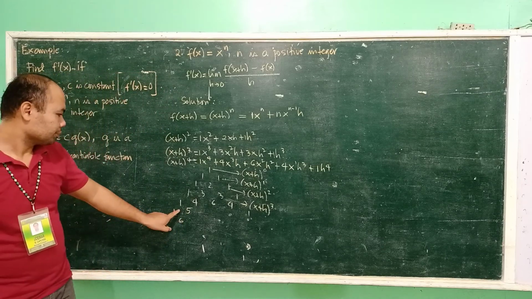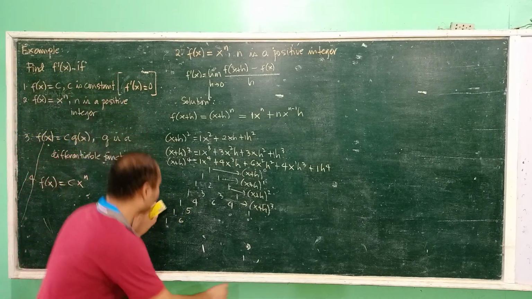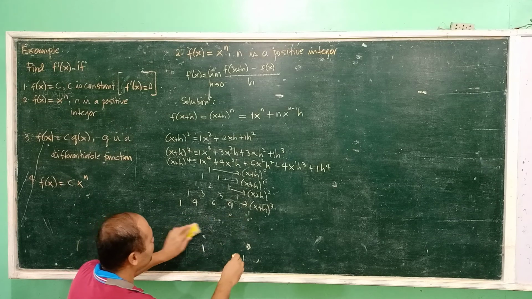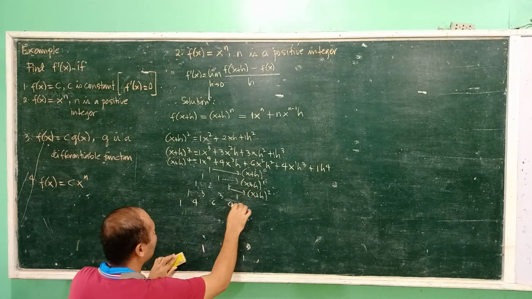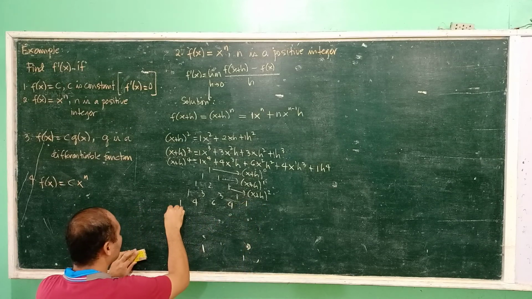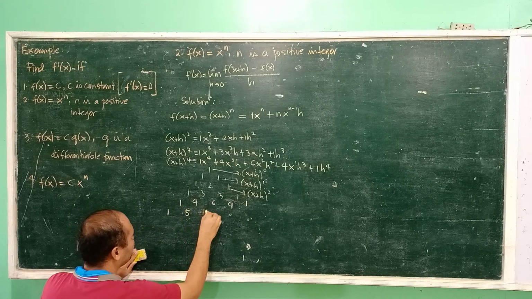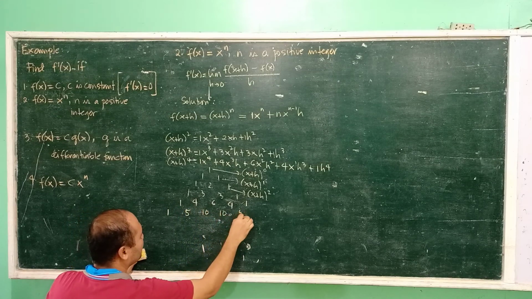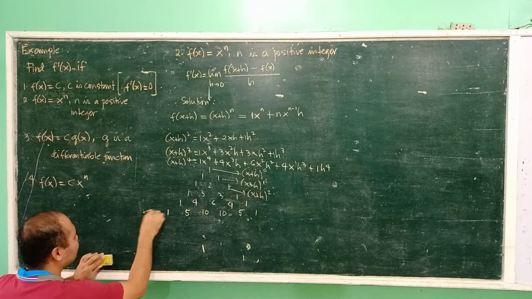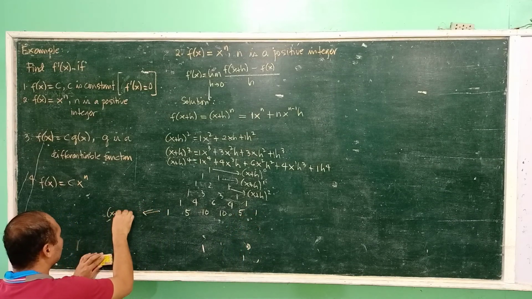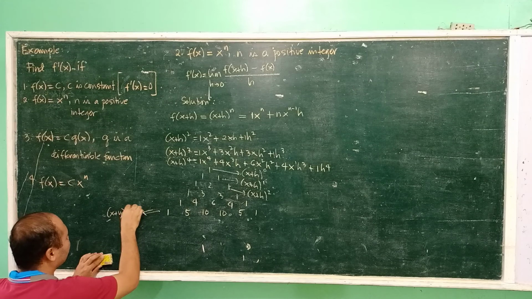Okay, let me make this one clear. So you have 1, 4, and 1. So 1, 5, 10, 10, 5, 1. This is for x plus y to the 5th.